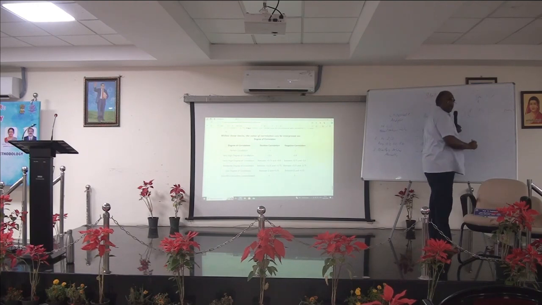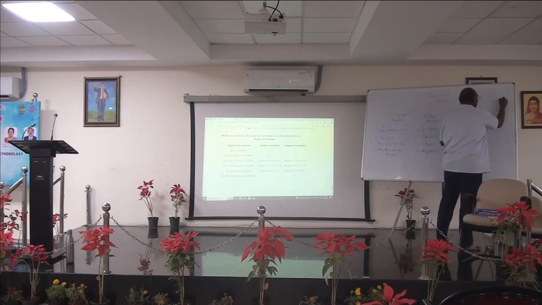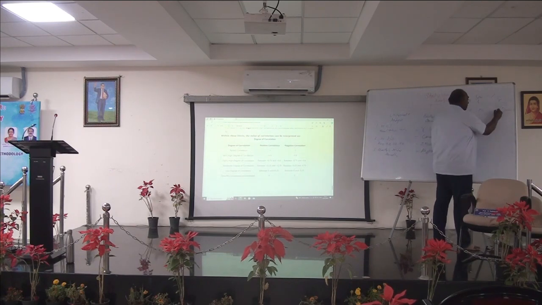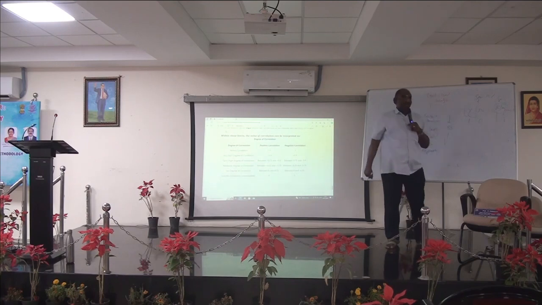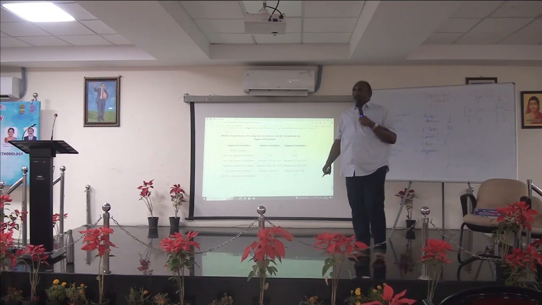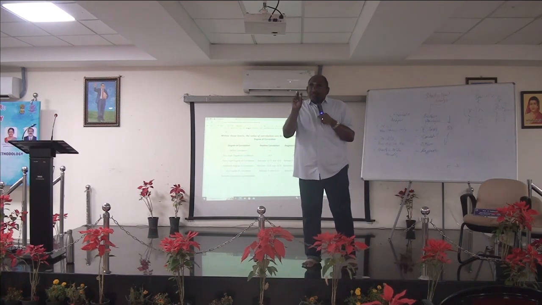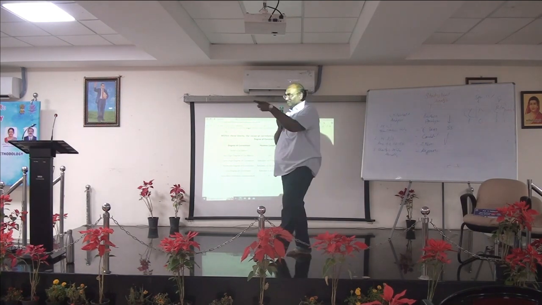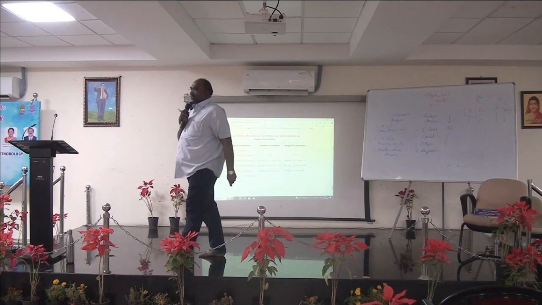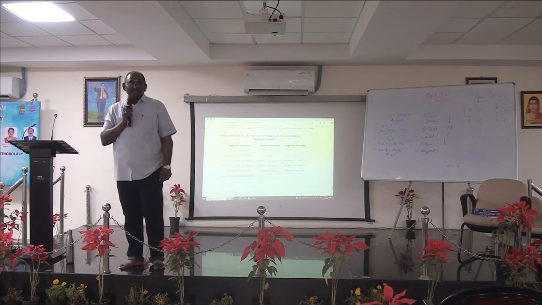With a single variable, we have right or wrong, and we are counting the number. But here the situation is, for yes you can assign 1, for no you can assign 0. If this is the situation, we should go for point biserial correlation.